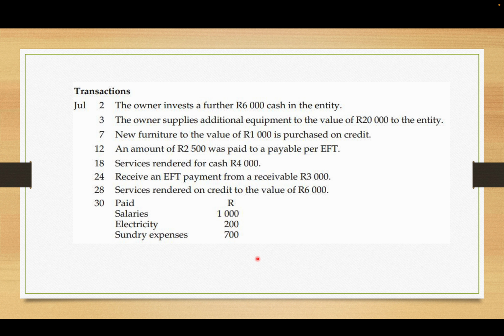The owner invests a further 6,000 in cash in the entity. So the owner, as you can see here, when you immediately see an owner, what do you think of? You have to think of capital. Invests a further 6,000 in cash in the entity.